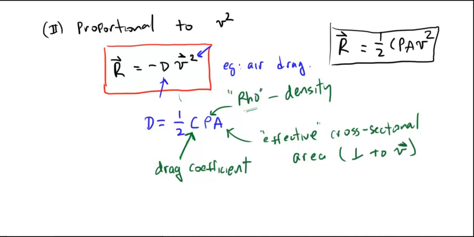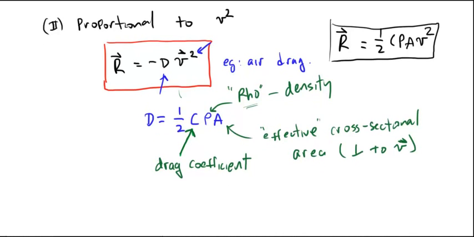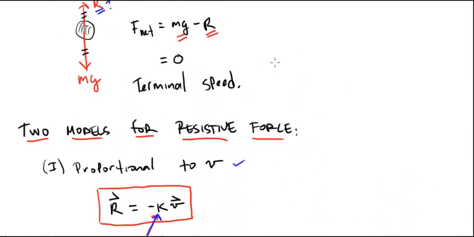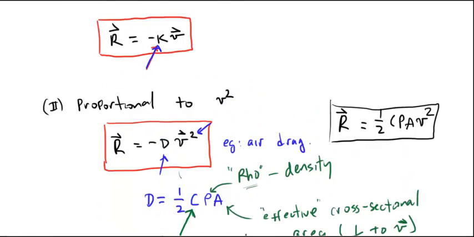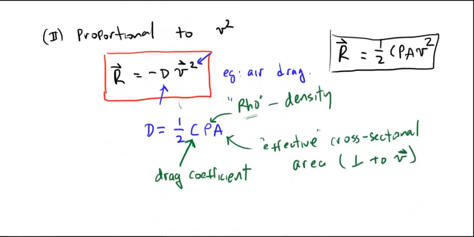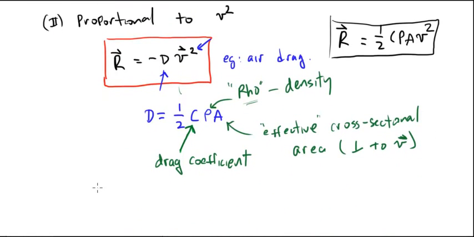By the way, it's worth noting, to get back to this idea of terminal speed, how would you calculate terminal speed here? Well, terminal speed is when the acceleration is 0.